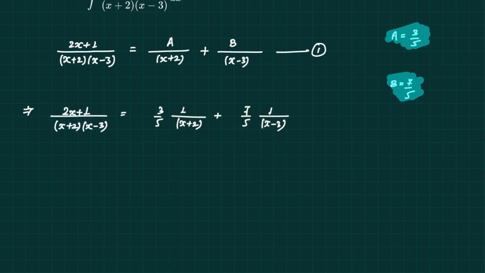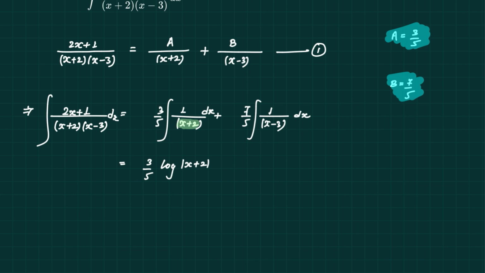Since we have to integrate this function with respect to x, integrating this function means integrating these two terms. So equals 3 over 5 times the integral of 1 over (x + 2). Since this is a linear polynomial, I will assume this to be x, and the integral of 1 over x is log of x, so we will have log of (x + 2).